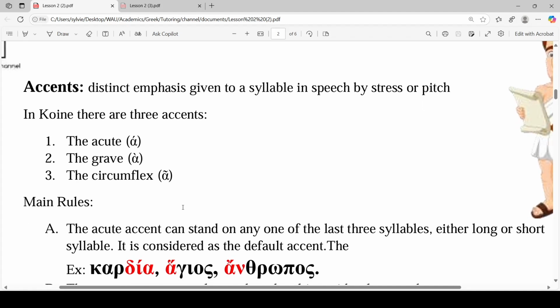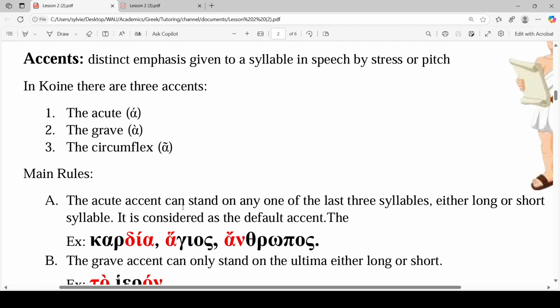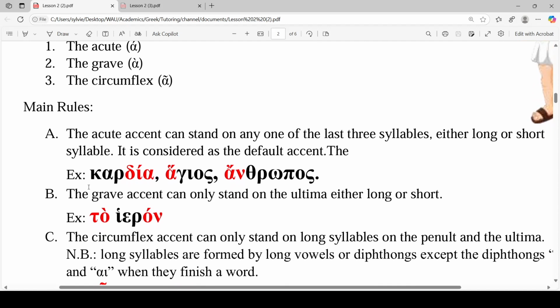In Greek language, accent obeys rules. So you cannot put an accent on any syllable in the Greek language. You have to do it according to some rules. We have these main rules that will help us understand the position of an accent in a Greek word.